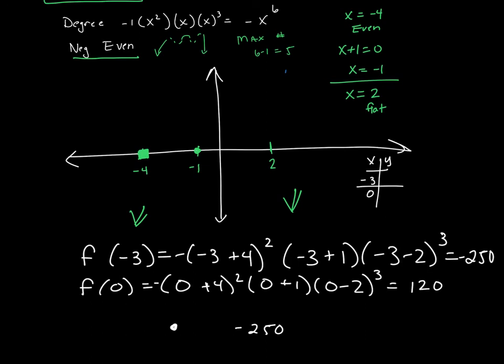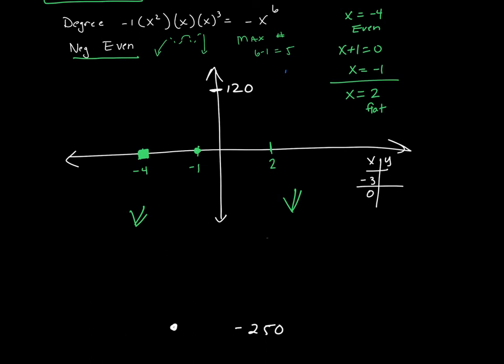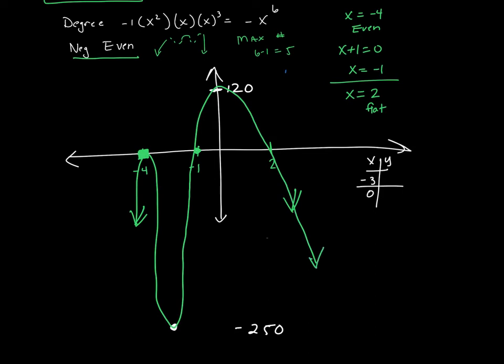So let's go ahead and get rid of this work, and we can go ahead and graph this. It's going to start going down, come up, bounce, go all the way down here to negative 250, go up, go through, and then finally come back and go down. In the next section, we will discuss how to graph polynomials that are not factored.